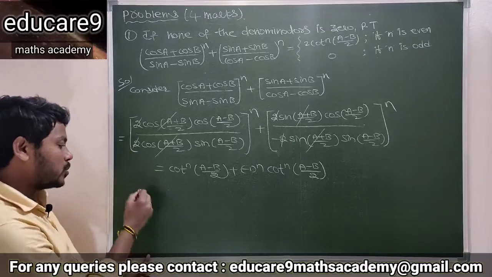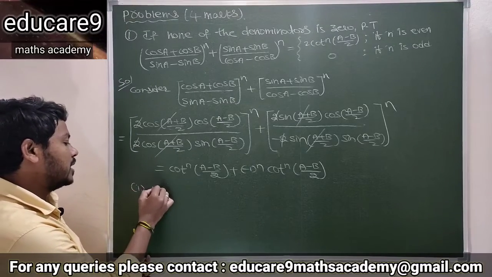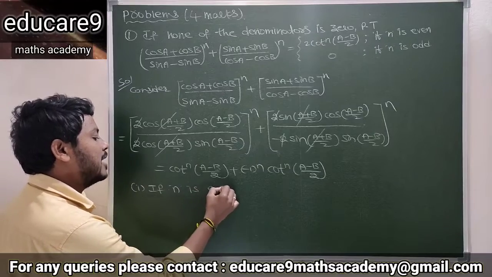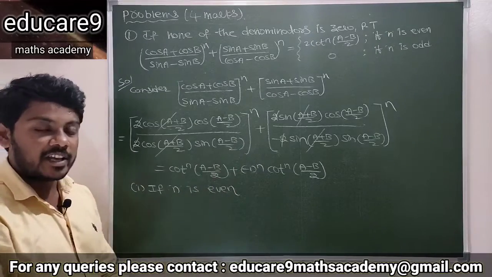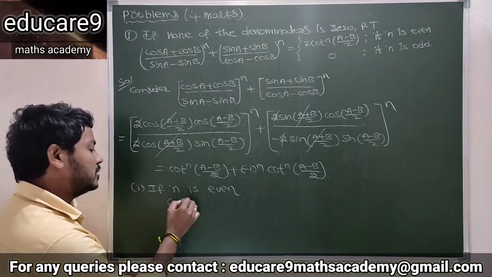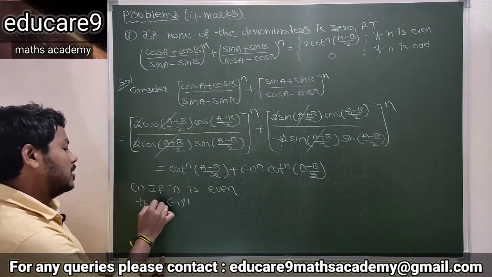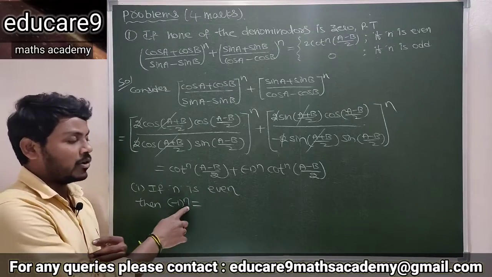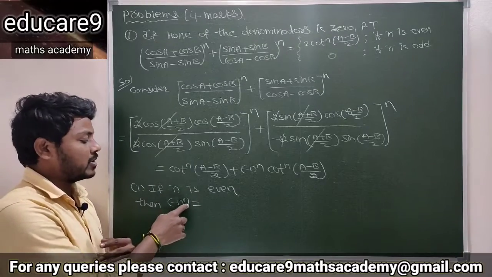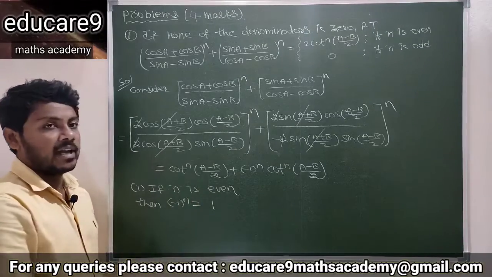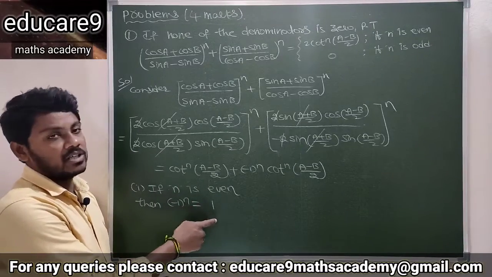see here, there are two possibilities. First possibility, if n is even, then what is the value of minus 1 power n? If n is even, minus 1 power 2 gives 1, minus 1 power 4 gives 1. So clearly, if n is even, then minus 1 power n is 1.